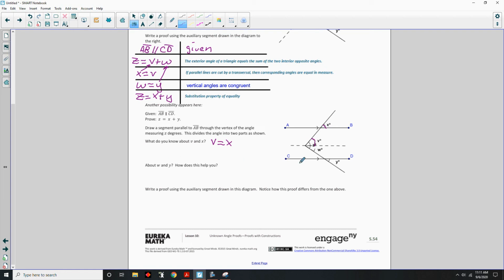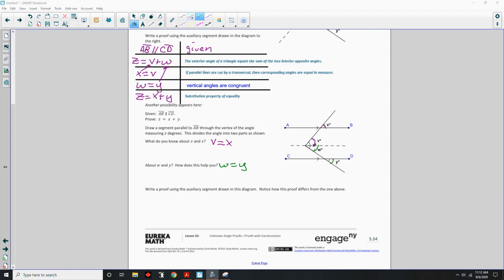How about w and y? Here's w, here's y. They are corresponding angles on two parallel lines. So we could say w equals y. How does this help you? Well, if v is equal to x and w is equal to y, then we can do that same substitution we did in the last problem.